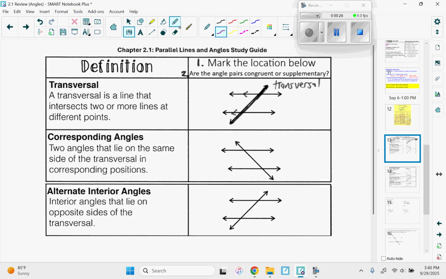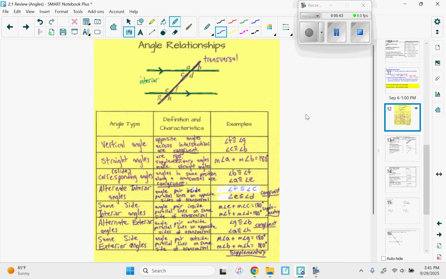Taking a look, our first main word that we need to know is transversal. Transversal is the line that cuts across parallel lines. Transversal is really important because when we look at our angle relationship notes, most of these need to be on a transversal. For example, corresponding angles, you slide on the transversal.